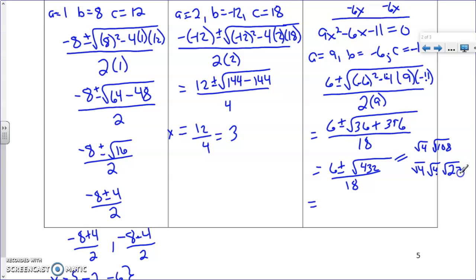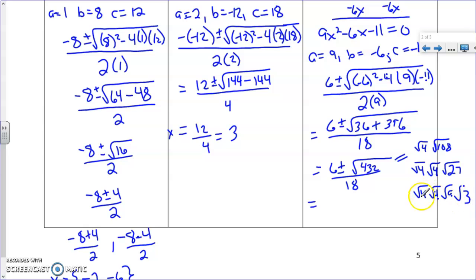Does everybody see what I'm doing? I'm slowly breaking down this 432. All right, does 27 have a perfect square? 3 is not a perfect square. 9. Remember, perfect squares, I know what you were thinking. You were thinking the square root of 9. So that would be 9 and 3. Does everybody understand what I did there?